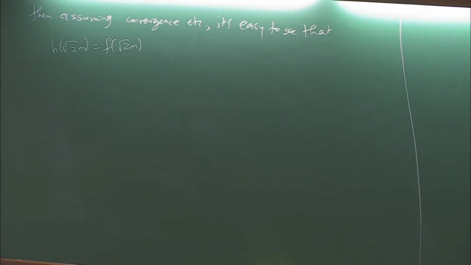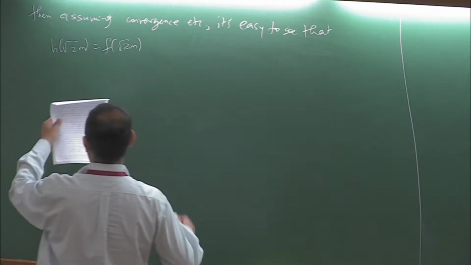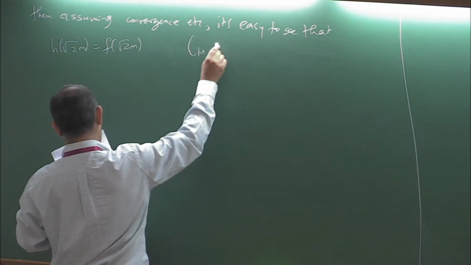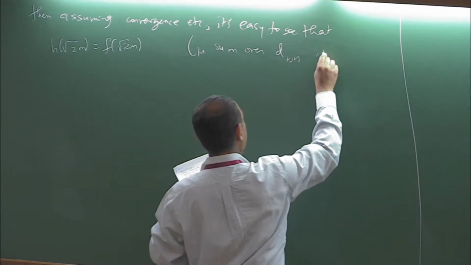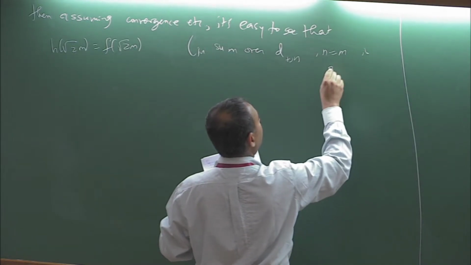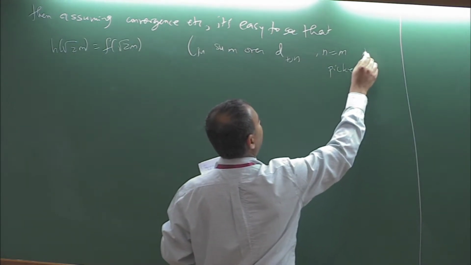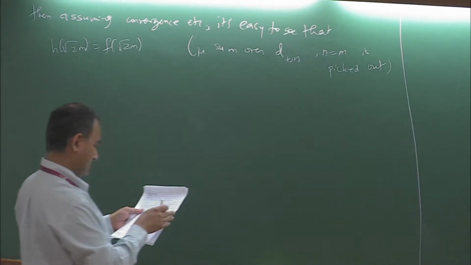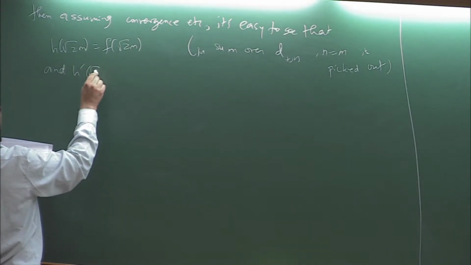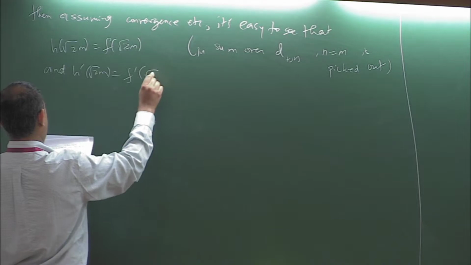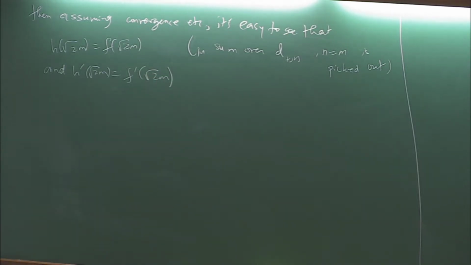So you can ignore every term here, and here it's going to pick out n equals m because all the rest of them vanish. So you see that it matches the values, and similarly it matches the derivatives. So in the sum over d plus n, f is a plus 1 radial Schwartz eigenfunction, and h prime of square root of 2m equals f prime of square root of 2m.